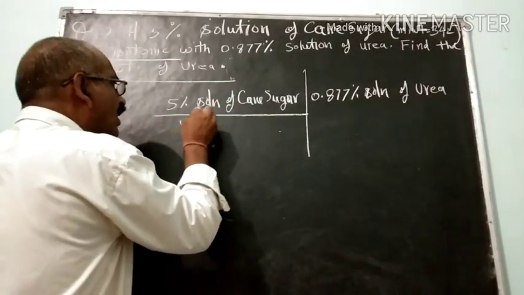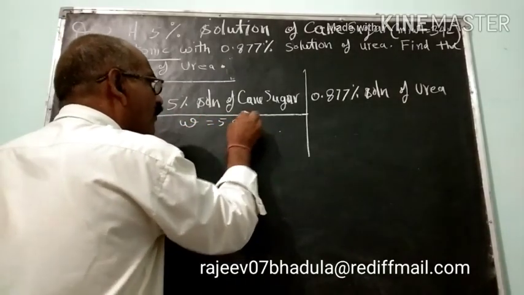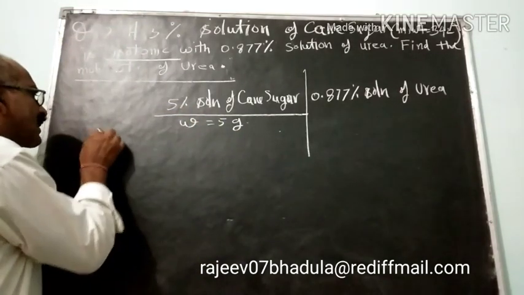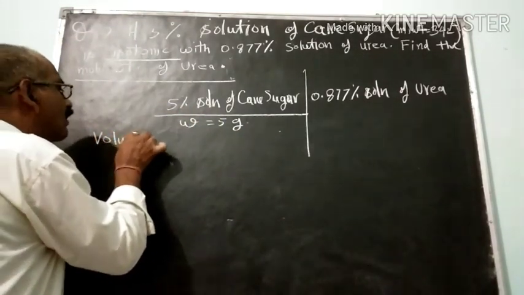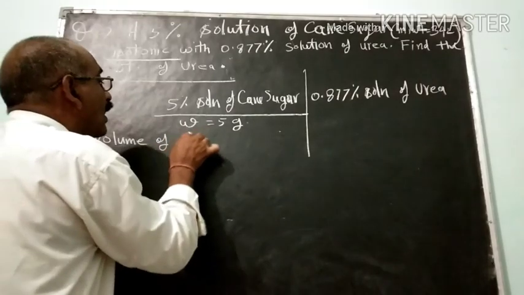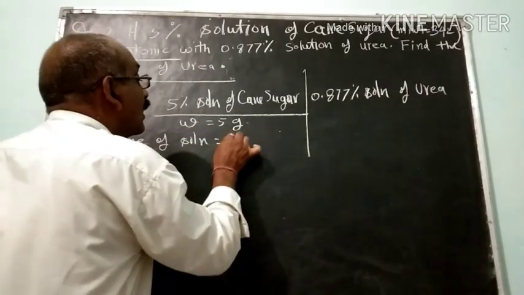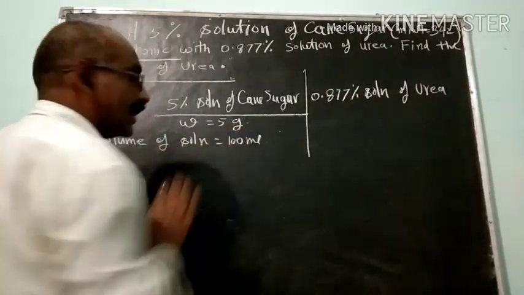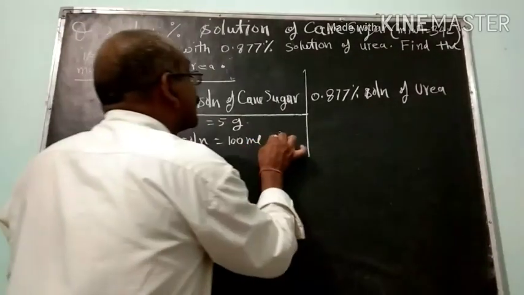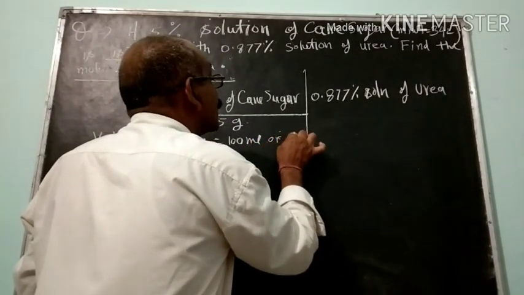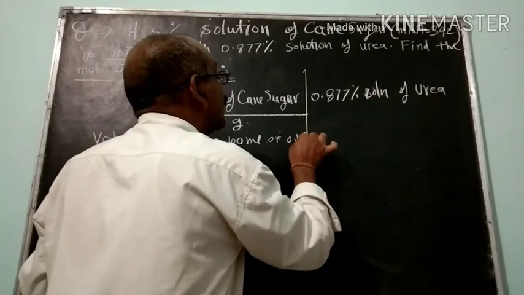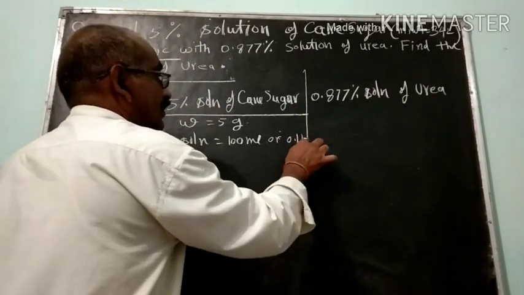It means 5 gram of cane sugar is dissolved in 100 ml of solution, or 0.1 liter of solution.